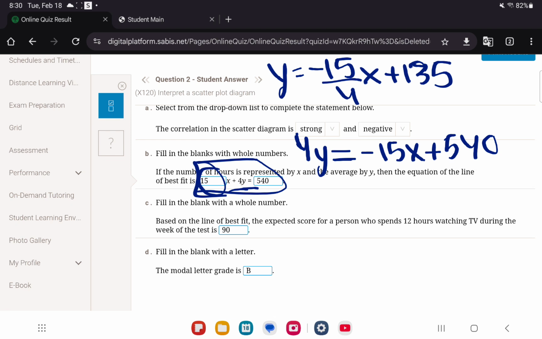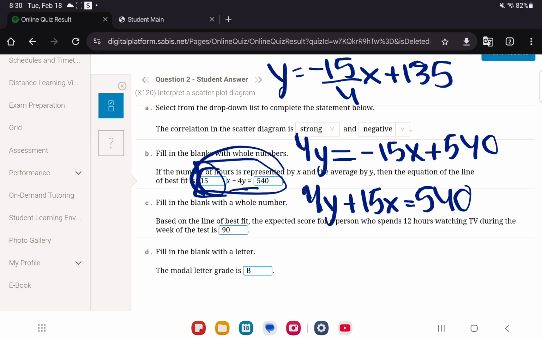So 4y plus 15x equals 540, and that's literally that.